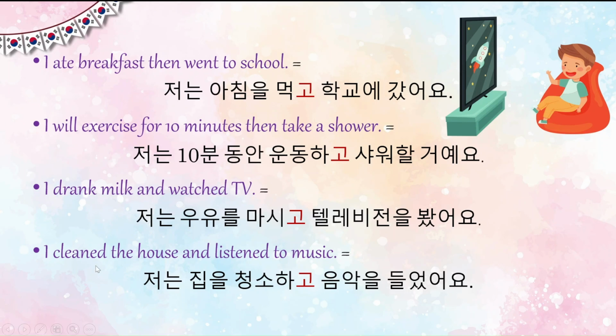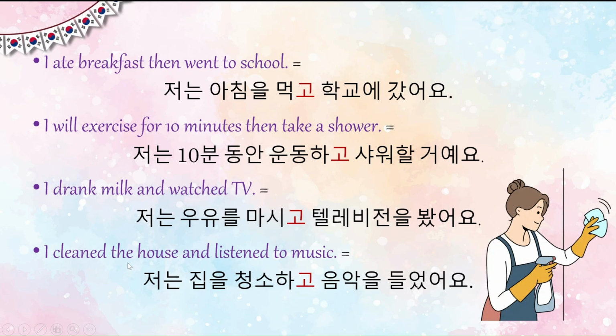Now look at this next example. I cleaned the house and listened to music. So you cleaned the house and at the same time you listened to music. 저는 집을 청소하고 음악을 들었어요. Now, I cleaned the house, 저는 집을 청소하.